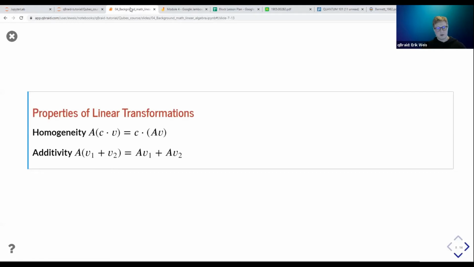The idea is if you have an addition of two vectors, which we'll come to see as a superposition of two vectors, and you apply a linear transformation to the sum of the two vectors, it's the same thing as applying the linear transformation to both individually and then taking the sum. Okay, so this is analogous to the distributive property for multiplication and addition.